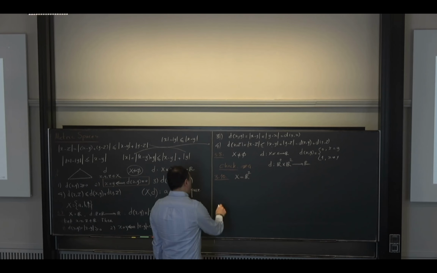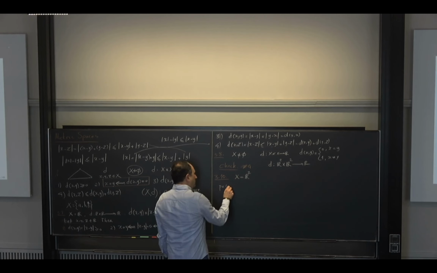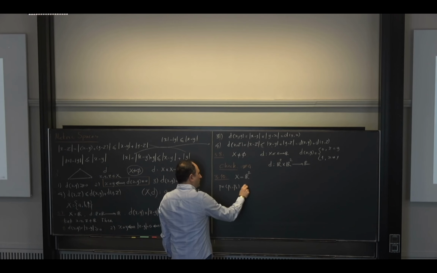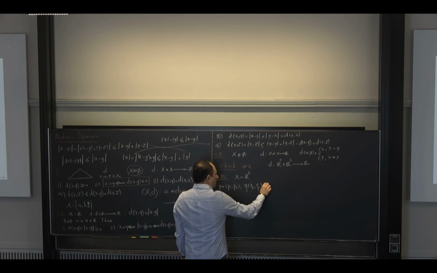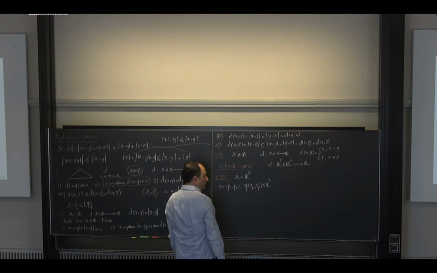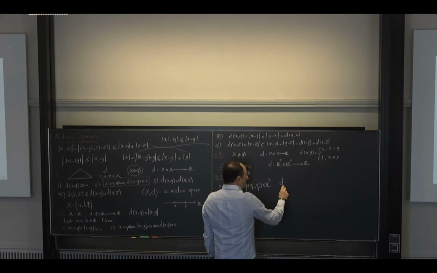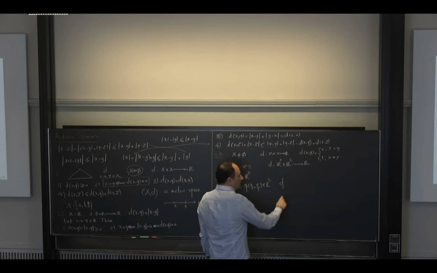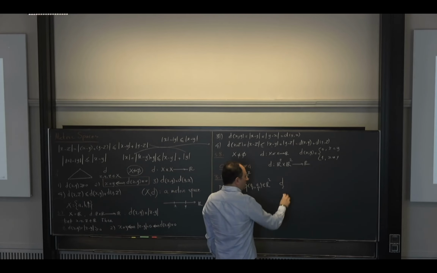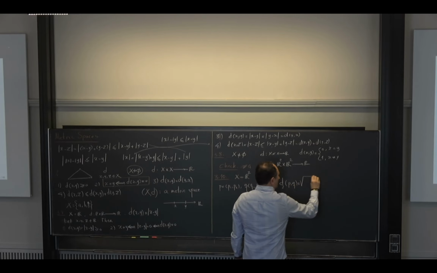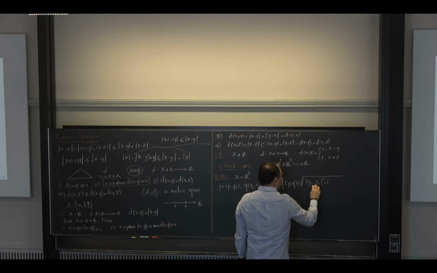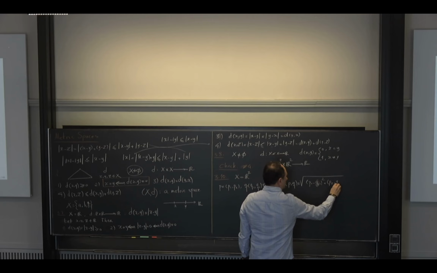If I give you 2 points, P and Q, both in R squared, then this is called the d sub 2 metric because of the powers of 2. It is defined to be the square root of (P1 minus Q1) squared plus (P2 minus Q2) squared.